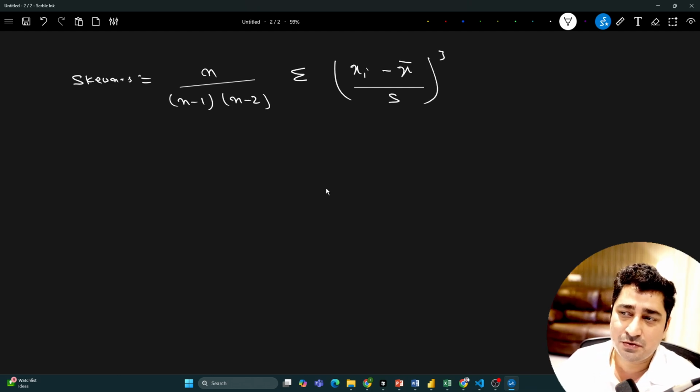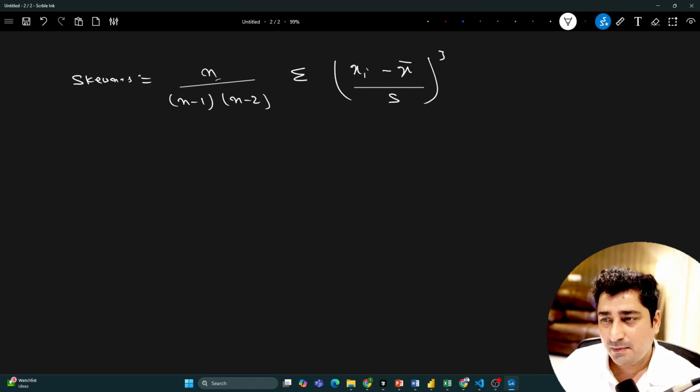This is going to give you the skewness. If it is 0, the data set has zero skewness. If it gives you a negative value, my data set is negatively skewed, and if it gives you a positive value, my data set is technically positively skewed.